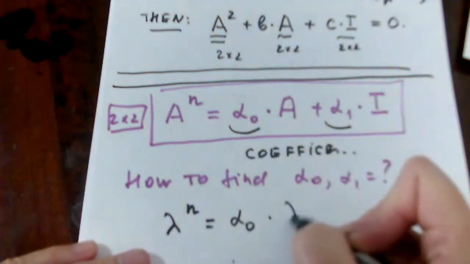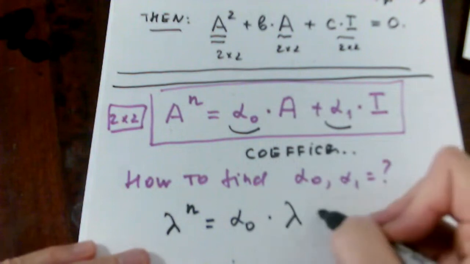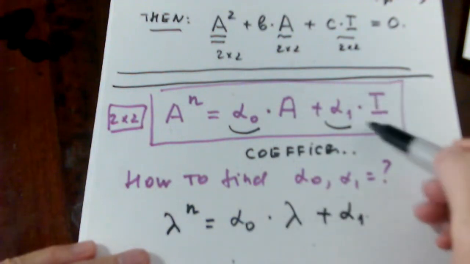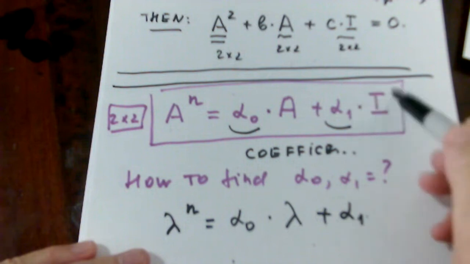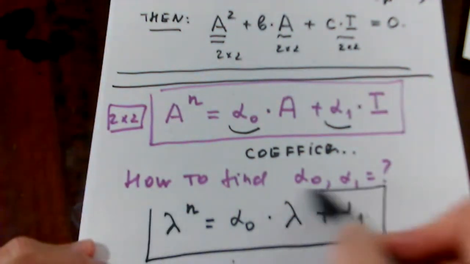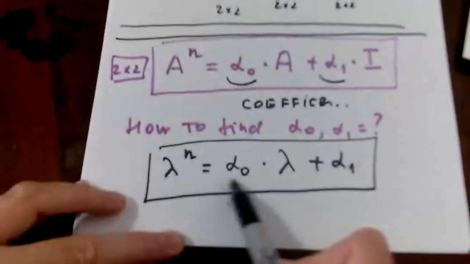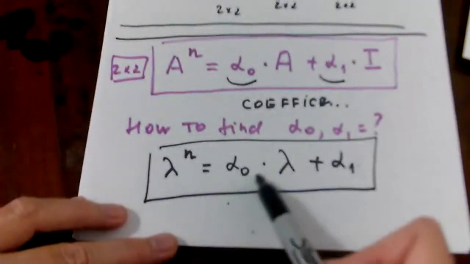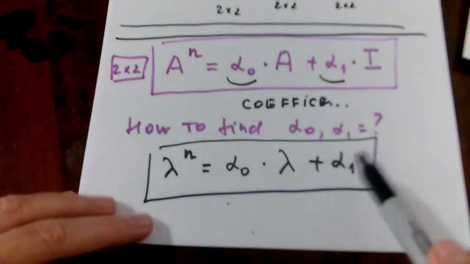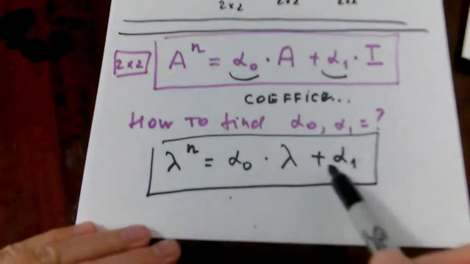Then again, I've substituted lambda instead of A, plus alpha 1, and I don't need to rewrite this guy. It was just written here for adjusting sizes, adjusting dimensions. So that's it. This is the answer. This is a magic equation which would allow you to find these coefficients alpha 0, alpha 1, which are just numbers. But you know how to do it next.